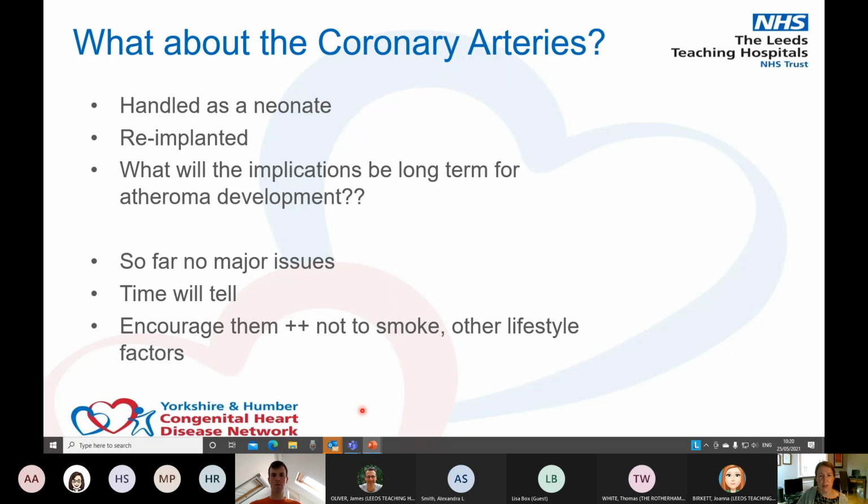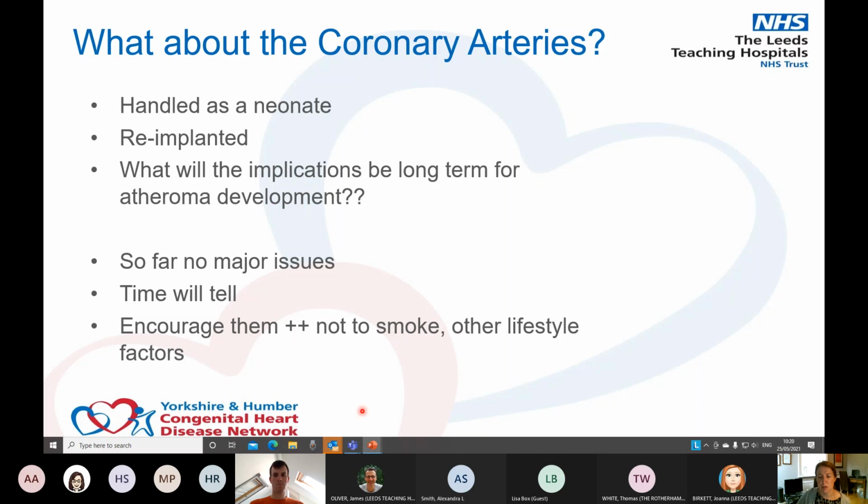I've mentioned the coronary arteries a little, and I've also said that we haven't seen much in the way of problems with coronary arteries, and I kind of think that's a "not yet." So I worry about coronary arteries which are handled as a neonate. They've been re-implanted. What will the implications of that be in the long term for atheroma development?